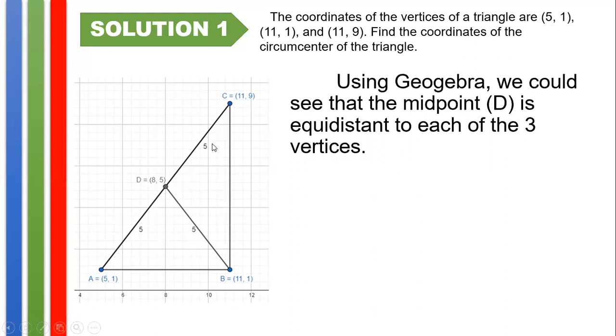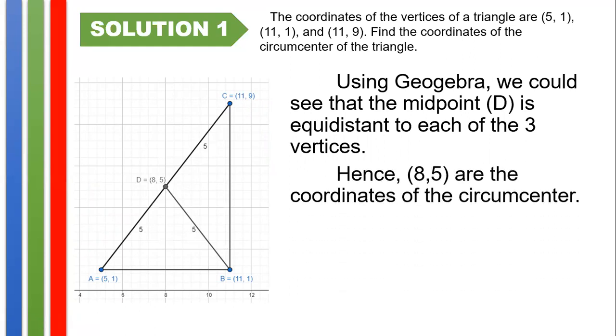You could utilize the distance formula to verify the 5 units. So (8, 5) indeed are the coordinates of the circumcenter, for the simple fact that it's equidistant to all three vertices. That's another way of showing that.